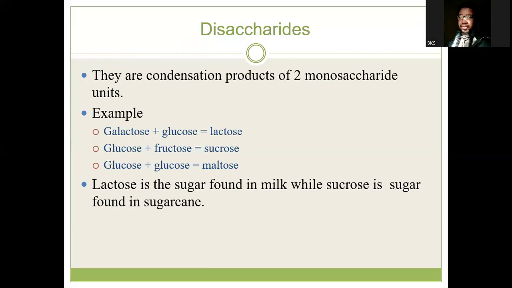The most common one is number 1, lactose. Lactose, which is found in milk. We have glucose plus fructose, which form what we call sucrose, and this is the sugar formed during photosynthesis.